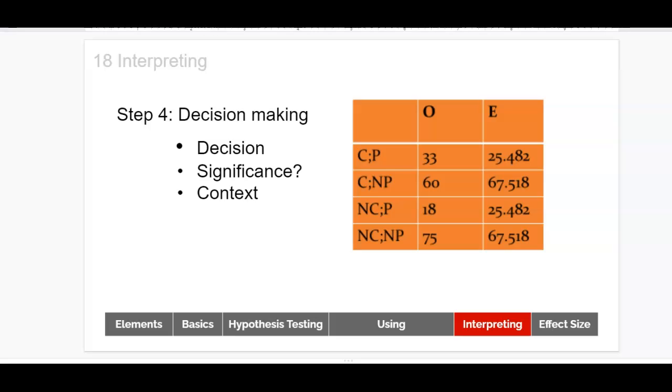I highlighted clown pregnant, clown not pregnant, no clown pregnant, no clown not pregnant. This is what we observed, and this is what was expected. Here we're seeing an increase in pregnancies with the clown and a decrease in not pregnant with the clown, which shows significant enhancement in success rates and lower failure rates using entertainment for IVF.